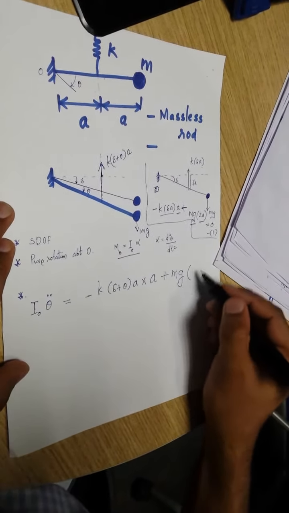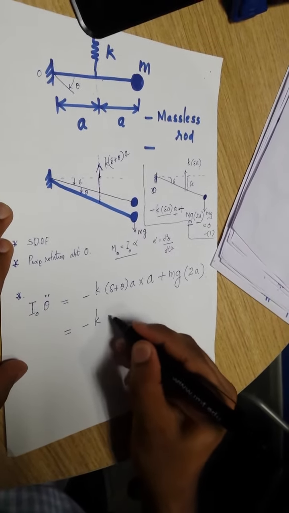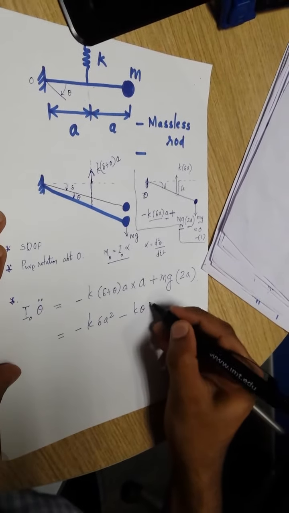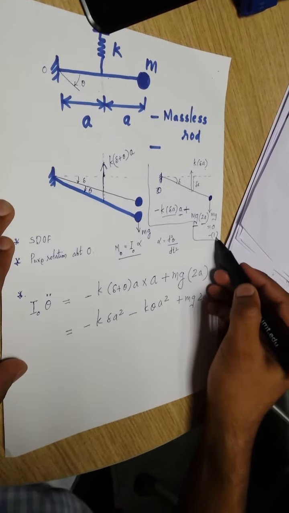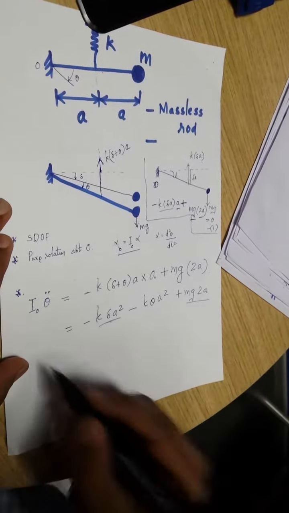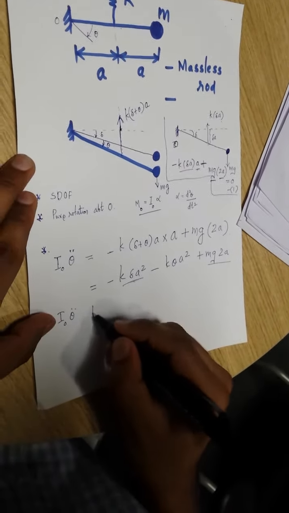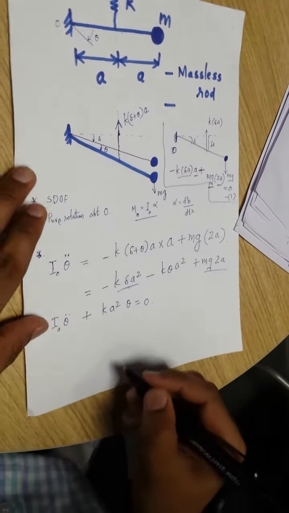Mg is the force and 2A is the moment arm. So this is K delta A square minus K theta A square plus mg 2A. But from equation 1 we know that this term and this term will cancel each other. So we will get I0 theta double dot plus K A square theta is equal to 0.